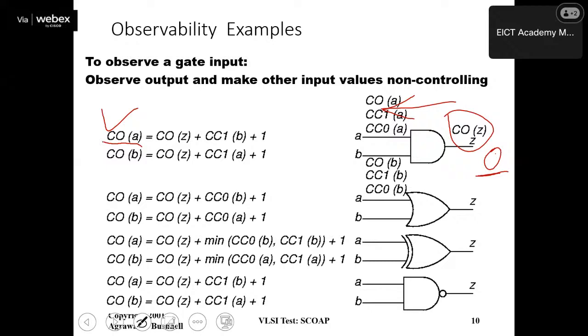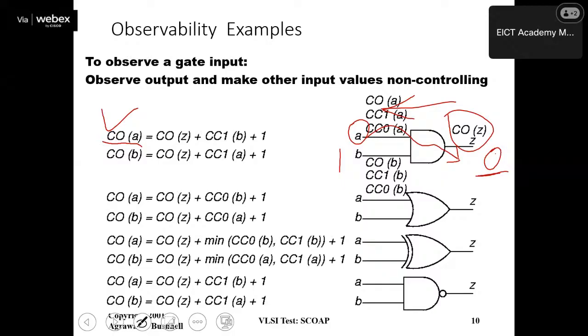Yes, can you type in the chat box the non-controlling value for the AND gate? Yeah, very good. So the non-controlling value for an AND gate is 1. It means if I have B equal to 1, whatever I have at A, I can observe that at the output, right? Yes, correct.